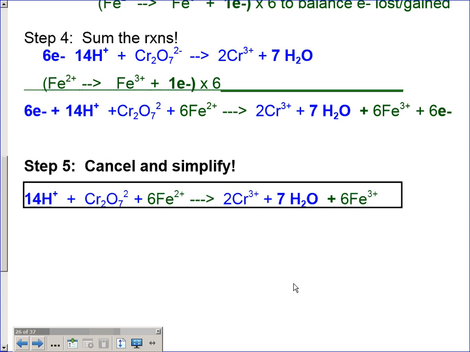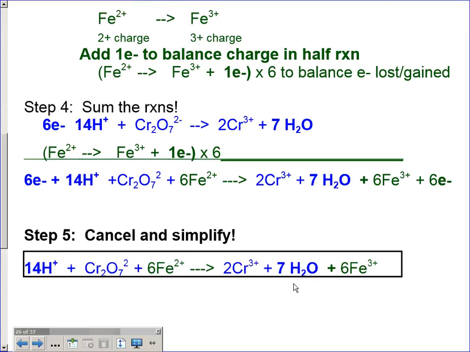Okay. So step 4, this reaction plus this reaction with the 6 multiplier makes me total down to 6 electrons, 14 H pluses, a dichromate, 6 Fe2 pluses, and then also bring down the chromium 3 plus, 7 waters, and then 6 Fe3 pluses, and 6 electrons. So this is us netting all the half reactions.